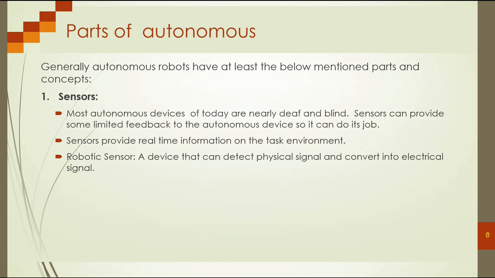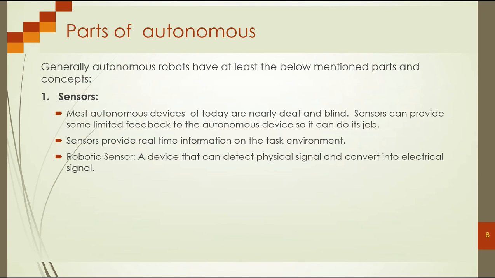If there are no sensors to sense the information from the environment, our system will be plain and deaf. It cannot sense anything. So this is the main input of the systems.